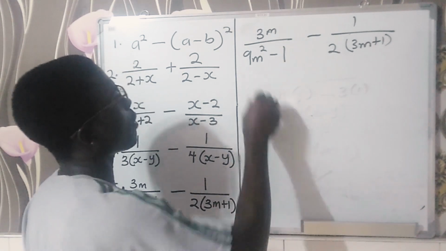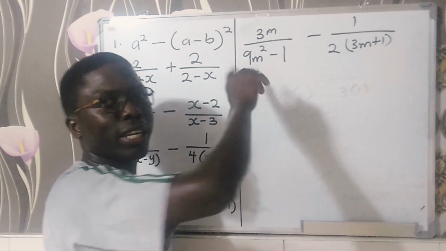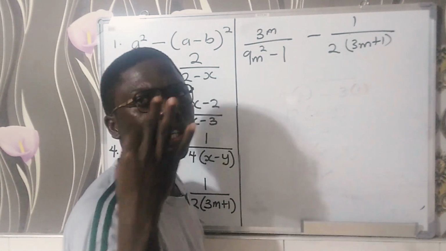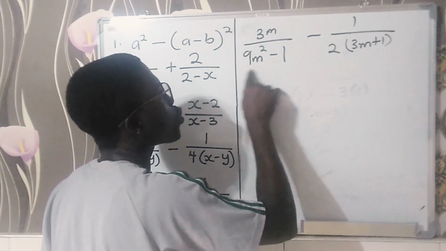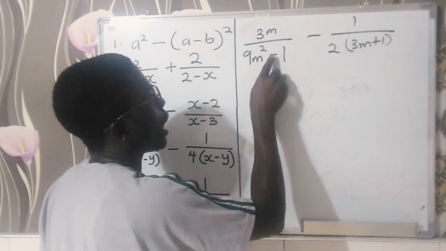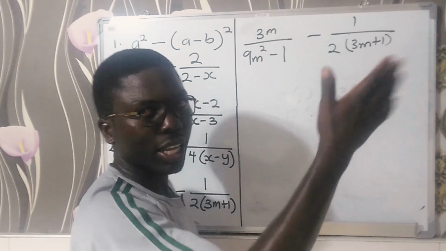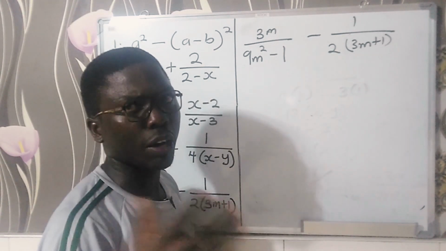And now let's proceed. So we have our difference here, and this is m squared. We need difference of two squares. Now we can change this 9 to 3 squared. Then we can have 3m all squared as 1 squared, and then we have our difference, and we can also have this one as another square. And it becomes difference of two squares. And then we know what to do after we have that.